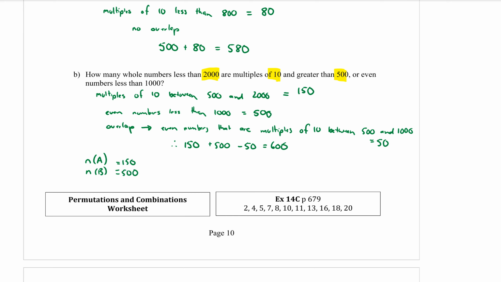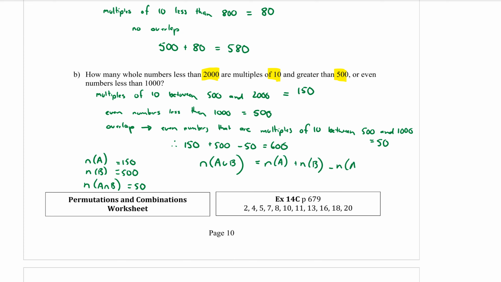The number of things in A and B, that's your overlapping section, was your 50. You remember that notation? Yeah. And do you remember this lovely formula? If I want the number of things in A or B, anyone remember it? Nope. Number of things in A plus number of things in B minus the overlap.